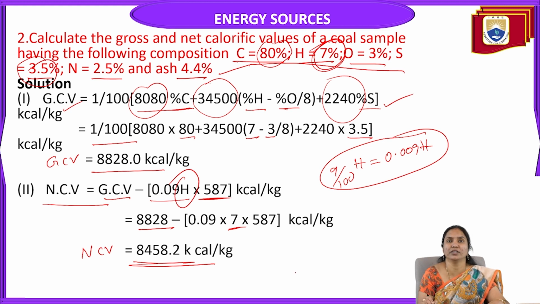In this way, you can calculate the lower calorific value and gross calorific value of fuel by using Dulong's formula.